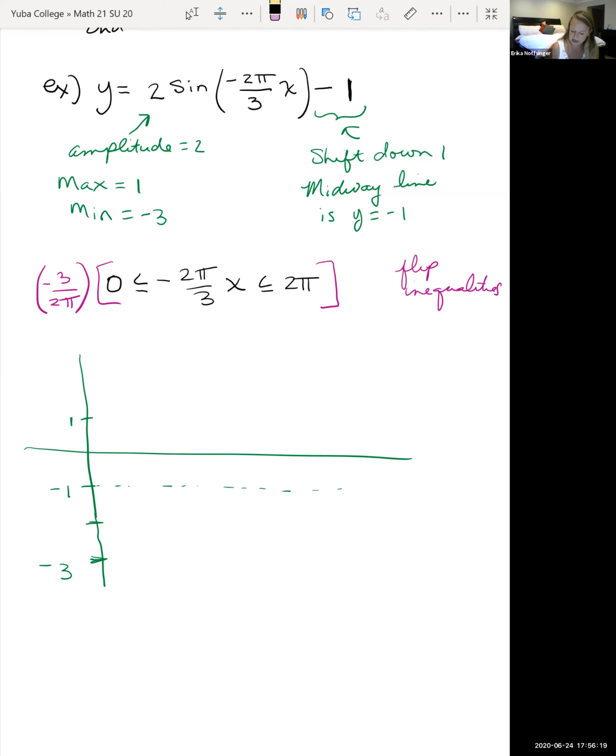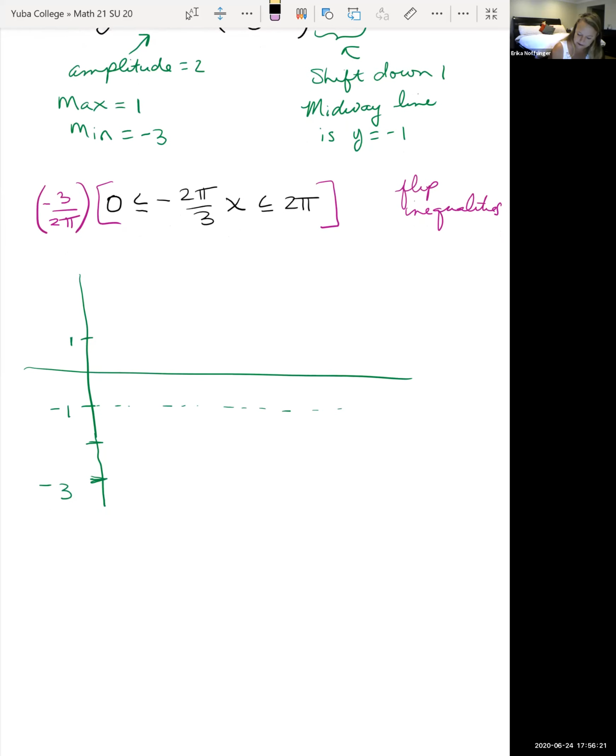And so 0 times anything is 0, but we're changing the direction. It's greater than or equal to x, which is greater than or equal to, well, the 2 pi's cancel, notice, and we're left with a -3.